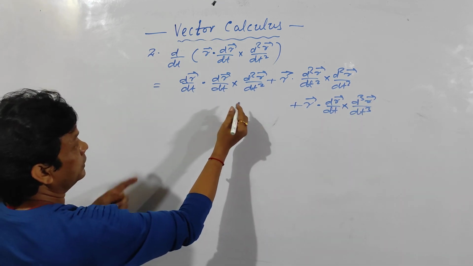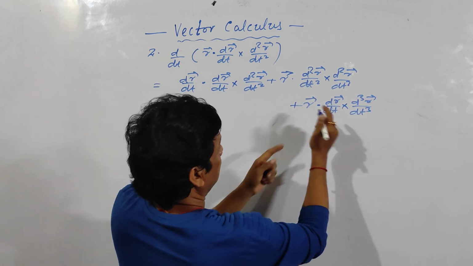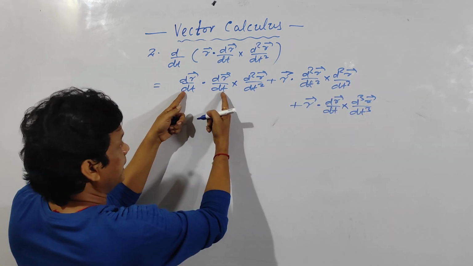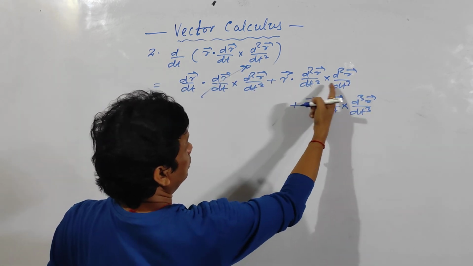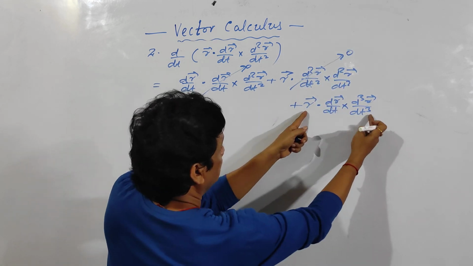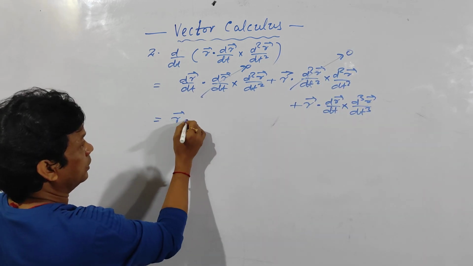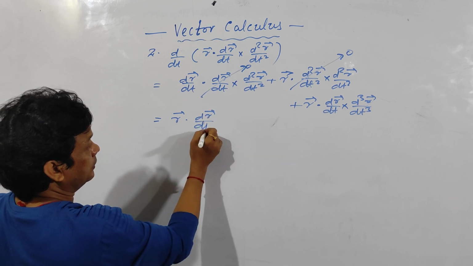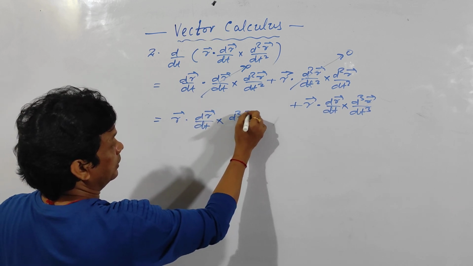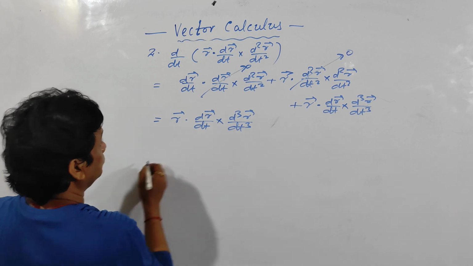Here, this is a scalar triple product, this is also a scalar triple product. Here the two vectors are the same, so this quantity becomes 0. Here the two vectors are the same, so this quantity becomes 0. Only this quantity remains: r dot dr by dt cross d cube r by dt cube.